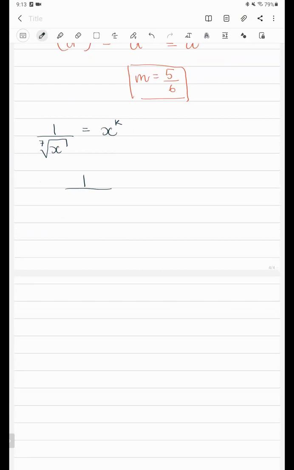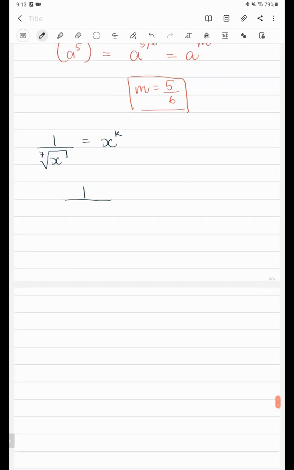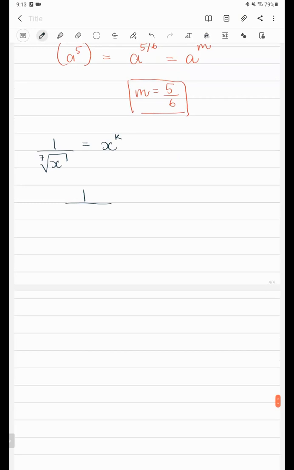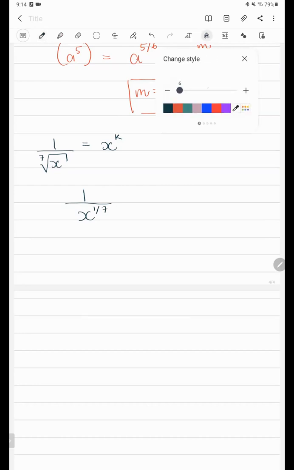Now tell me, what is the denominator going to be? 7th root of x. How can I write it? Ma'am, x raised to the power 1 by 7. Right, so in the denominator I'm going to have x to the power 1 by 7.